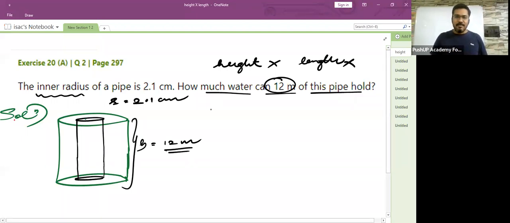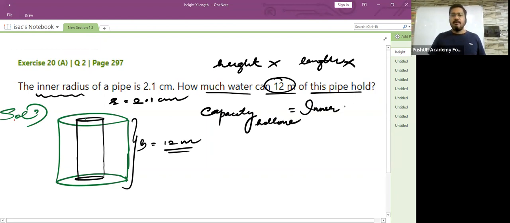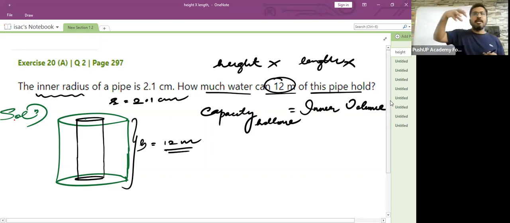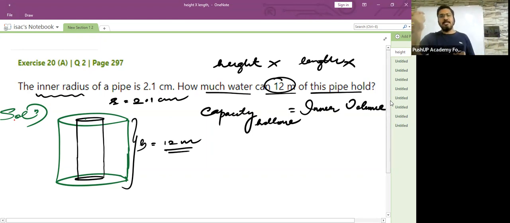Children, always remember, when you have to find the capacity of a hollow cylinder, it is equivalent to the inner volume of the hollow cylinder. Please remember this because you carry water inside the hollow cylinder. So if you find the inner volume, that is equivalent to the quantity of water which the pipe can contain. The quantity of water which it can contain is the capacity of the container or the pipe.